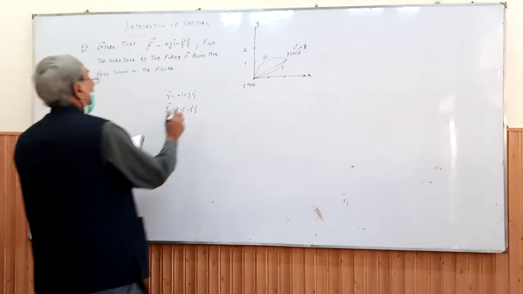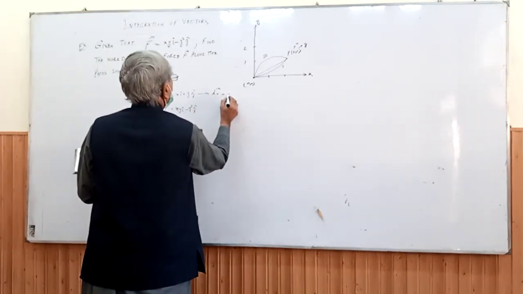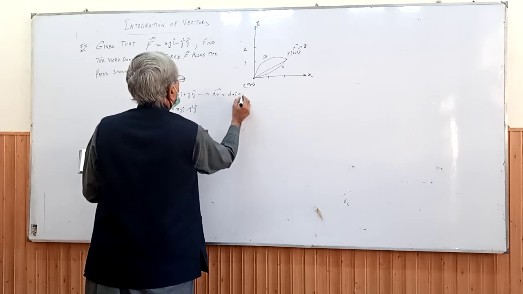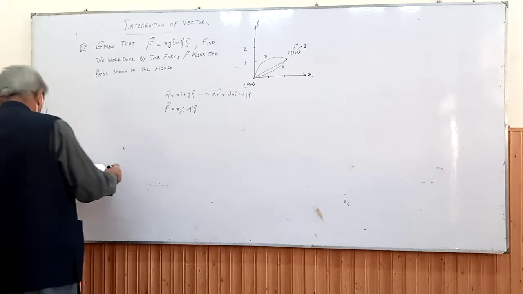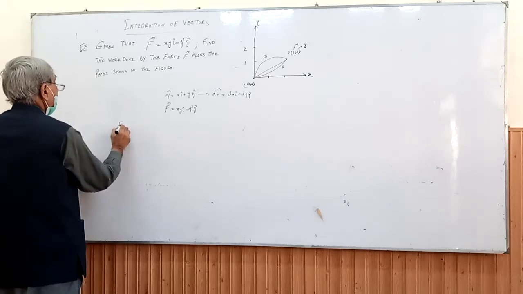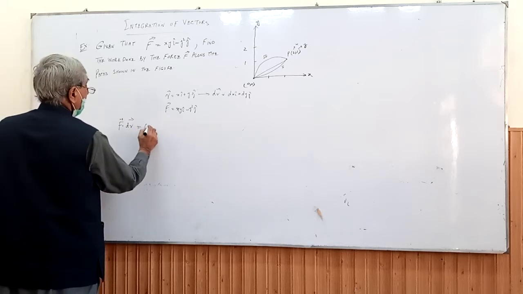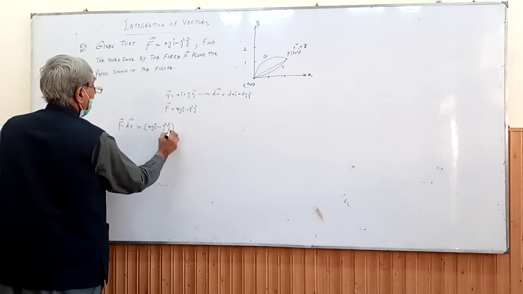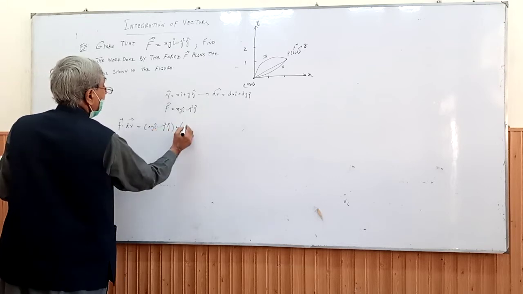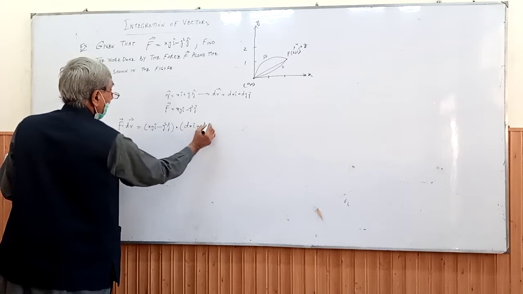So what will be dr equal to? That will be equal to dx i plus dy j. And therefore F dot dr is equal to (xy i minus y square j) dot (dx i plus dy j).